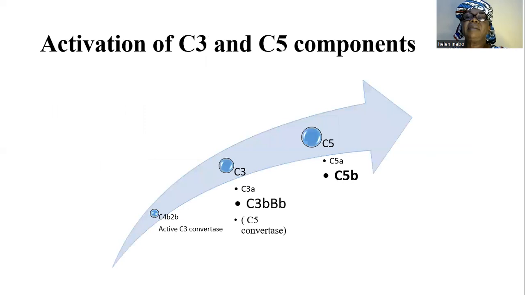Here is the diagram showing the activation of C3 and C5 components. The active C3 convertase converts C3 into C3a and C3b, while C3bb, which is now the C5 convertase, converts C5 into C5a and C5b.